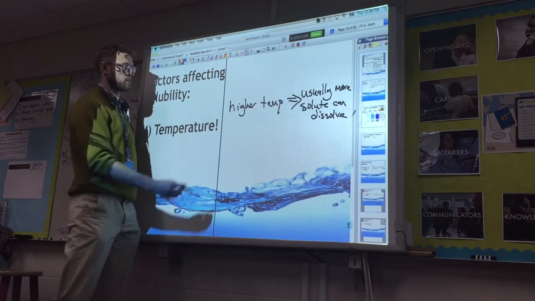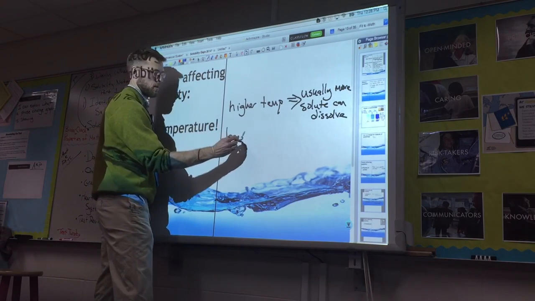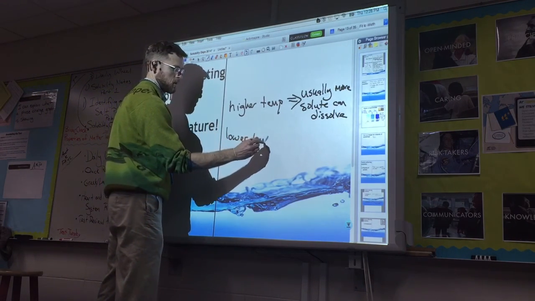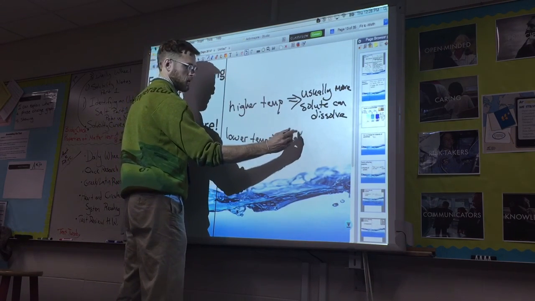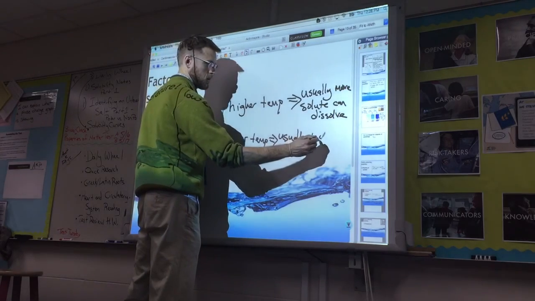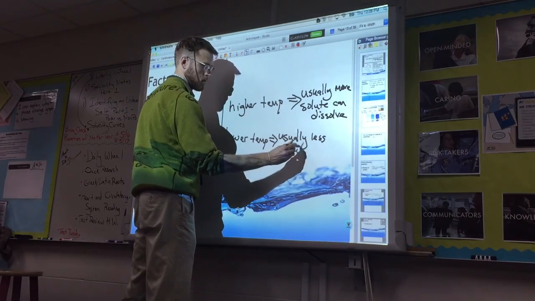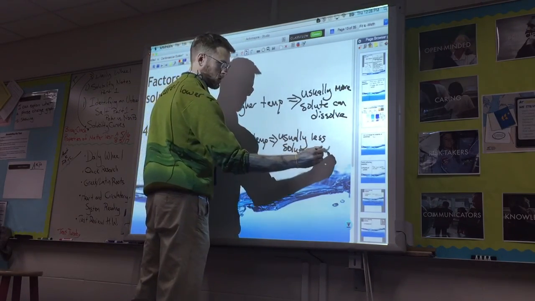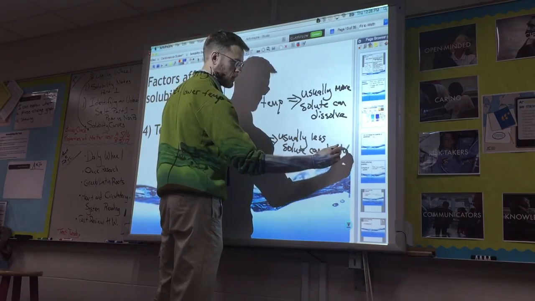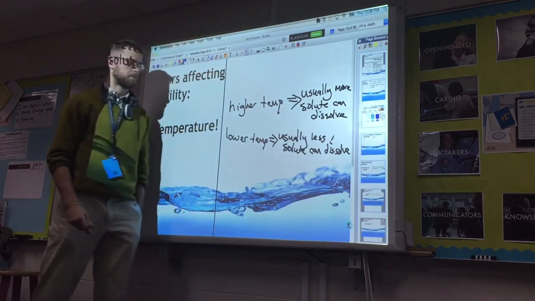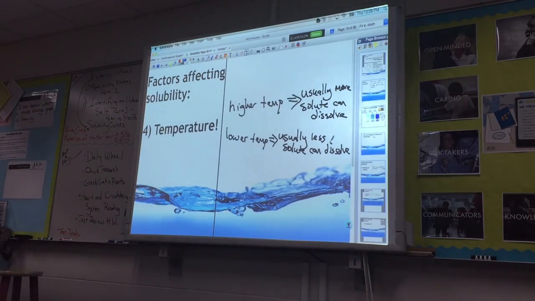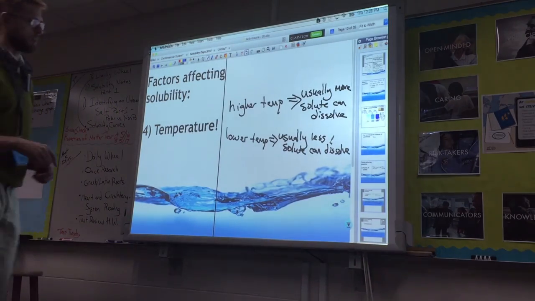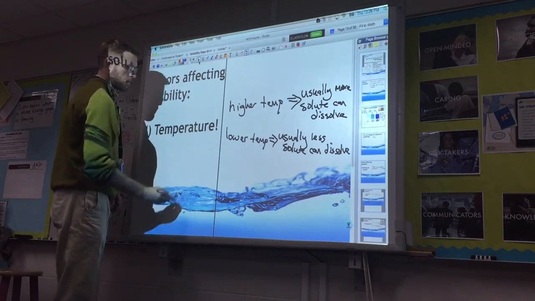And so as you'd expect, usually a lower temp means less can dissolve. That's usually the case. There are some solutes that are not affected by temperature.